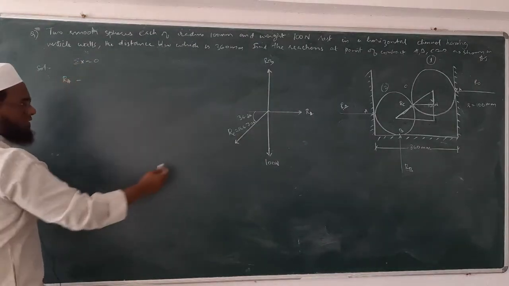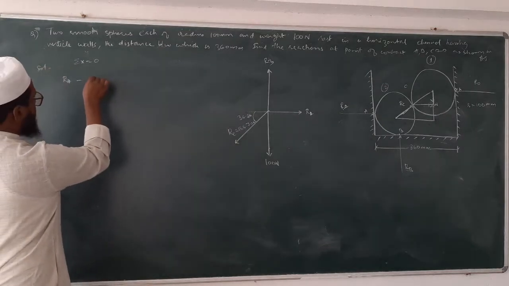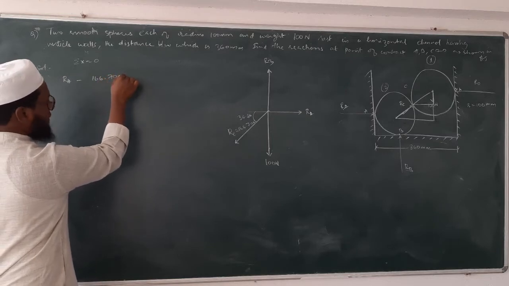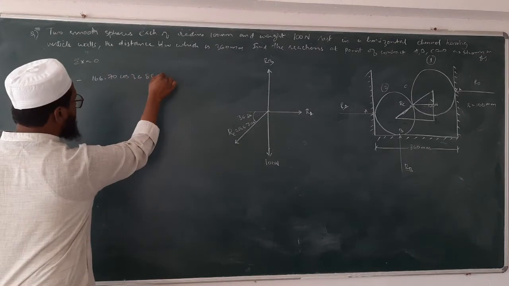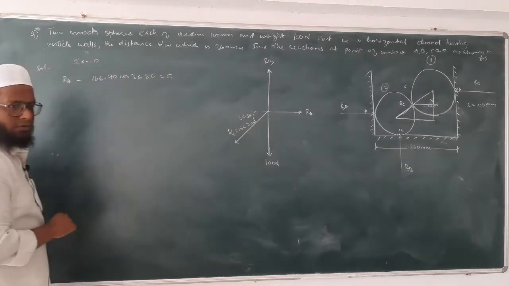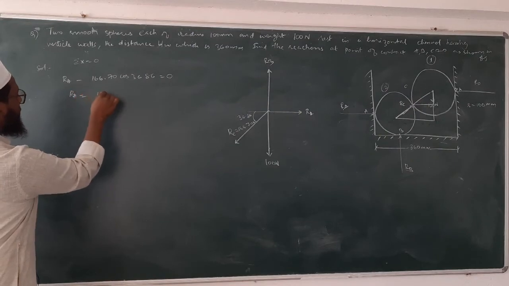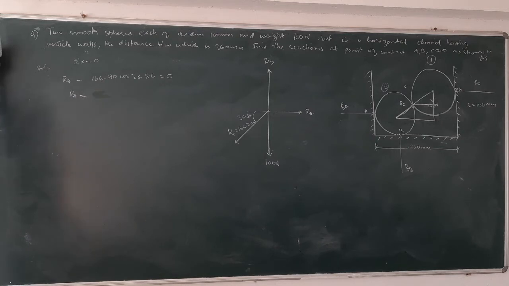RA minus 166.70 into cos 36.86 degrees equal to 0. So RA is equal to what now? Tell me the value. 166.70 into cos 36.86.